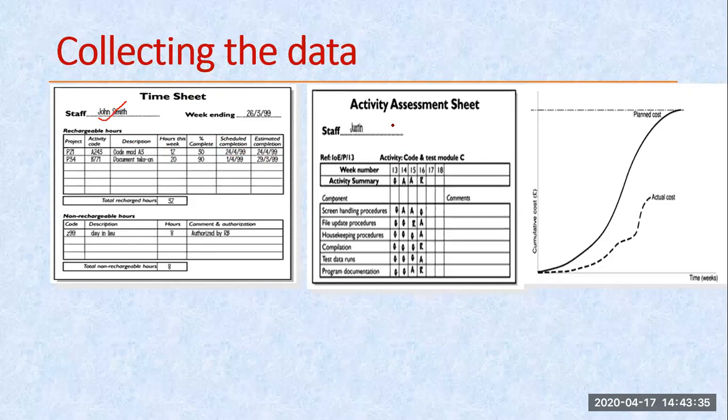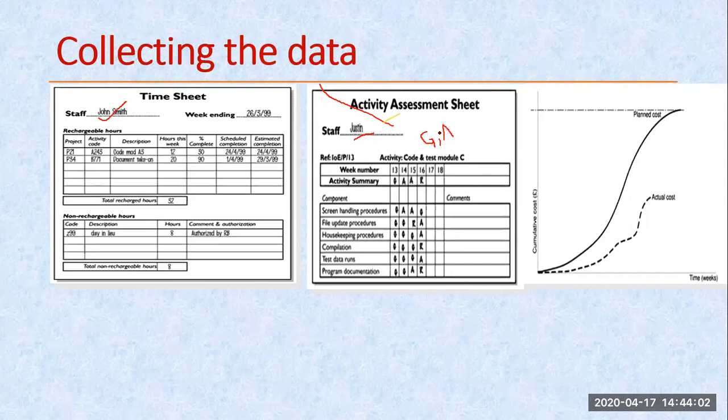This is another type of sheet which we call an activity assessment sheet. Here we keep checking whether the set of tasks that we had allocated to this resource are completed on time or not. There are three different types of color coding. One is green. Green means the tasks are performed as per the plan. One is amber.